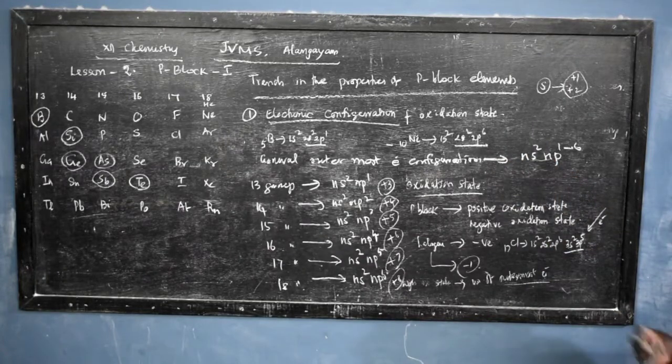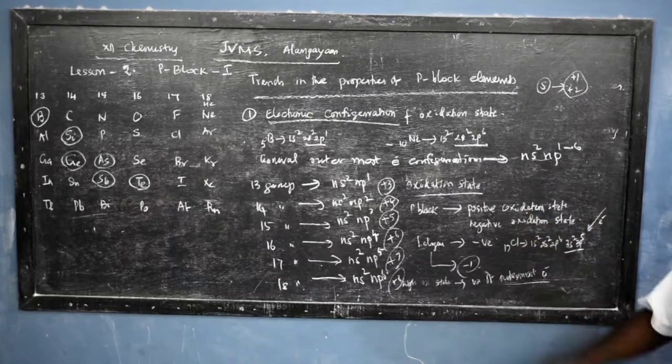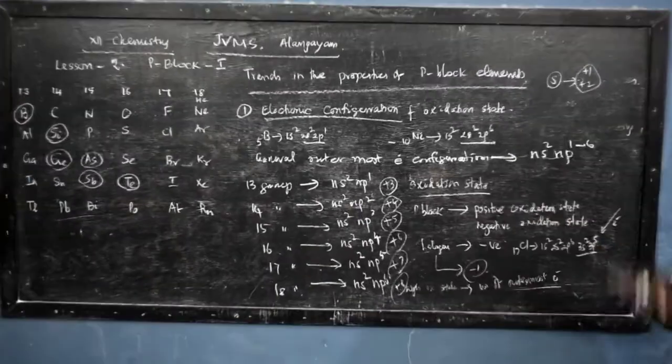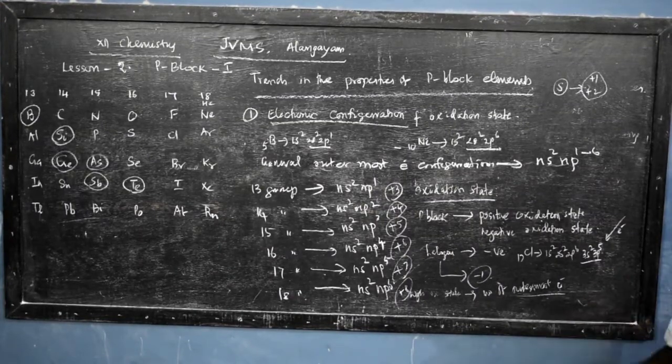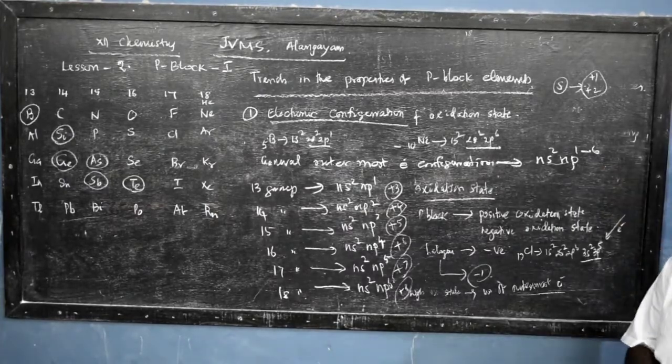As far as the oxidation state is concerned, they will have both positive as well as negative oxidation states, because we have metals as well as non-metals in this p block. Then we will continue to the other property. The second property we will take up.